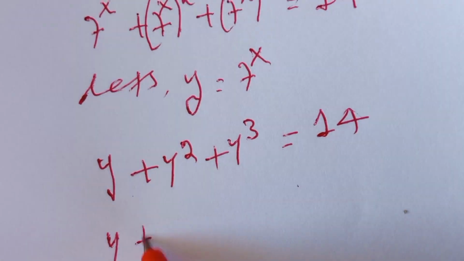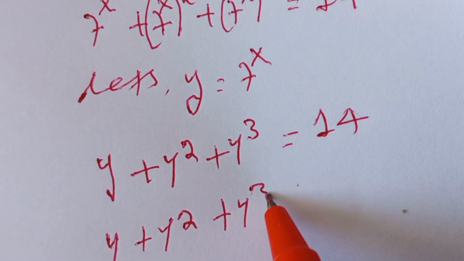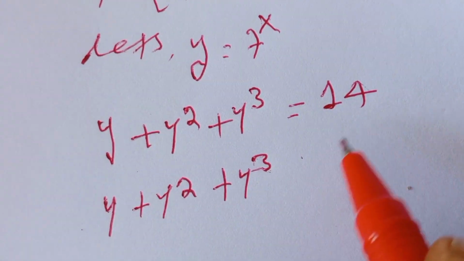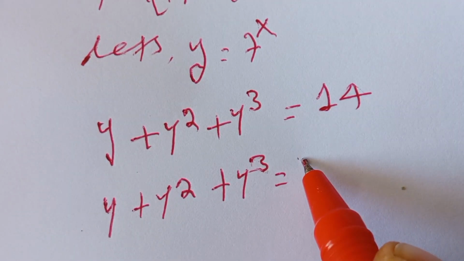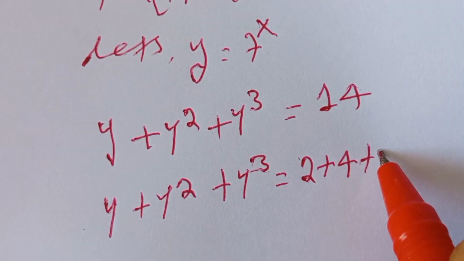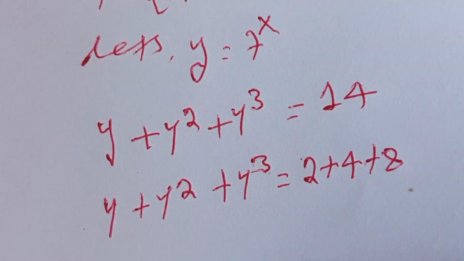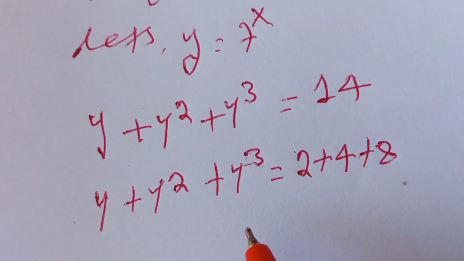Y plus y squared plus y cubed is equal to 40, which in other words is like 2 plus 4 plus 8. This is the same as 14.